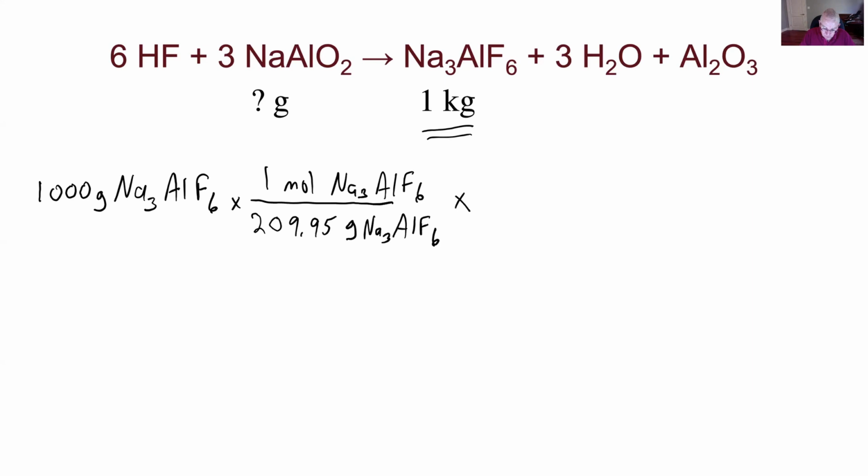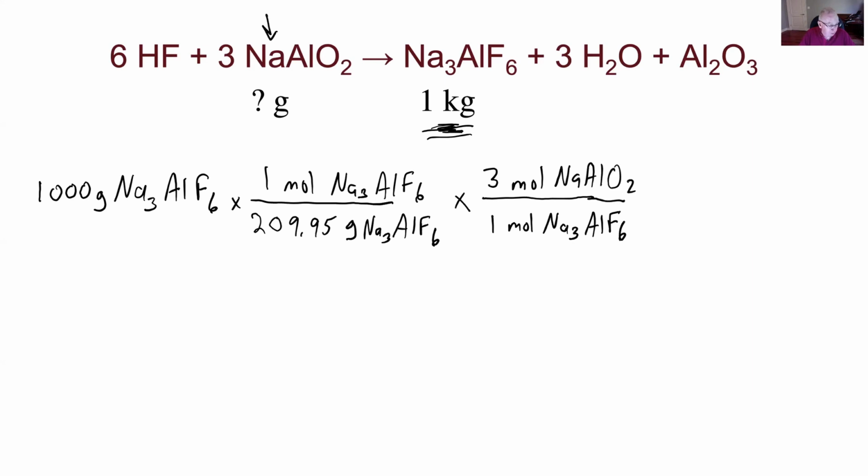Now I'm in moles of here. I want to get from moles of the sodium aluminum fluoride to moles of the sodium aluminum oxide. So again, I get my mole ratio now. I want to get rid of the moles of this one. I want to get 2 moles up here of sodium aluminum oxide.